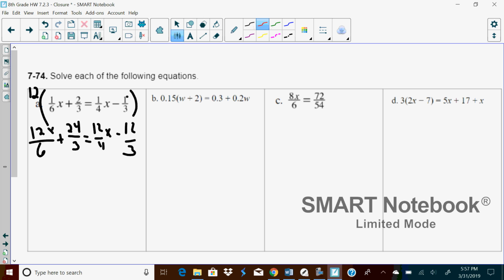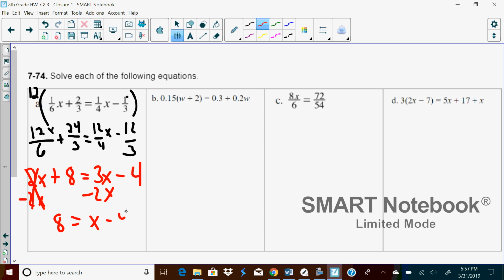So when I simplify, I get 2x plus 8 equals 3x minus 4. Subtract 2x from both sides. So I get 8 equals x minus 4. Add 4, and I'm going to get x equals 12.